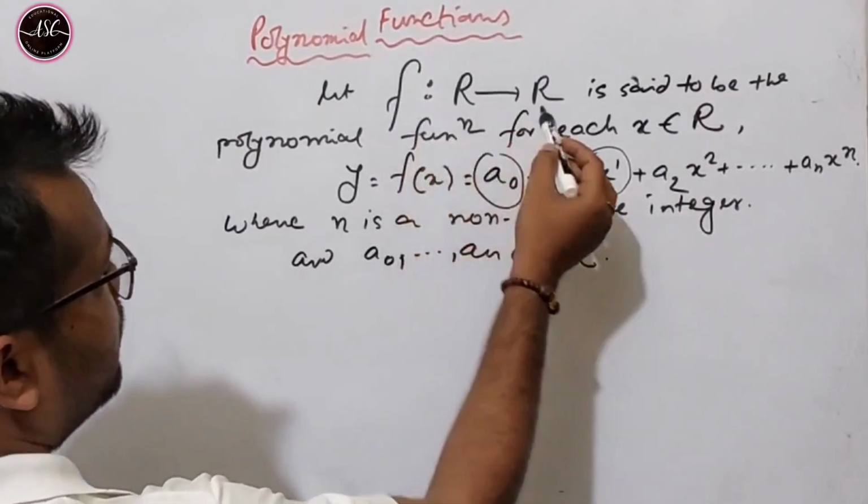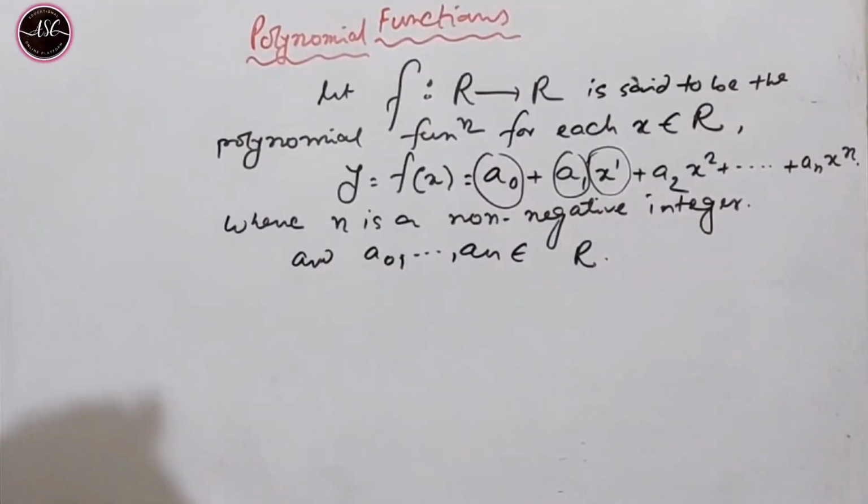So if this type of function exists, this function is called a polynomial function.